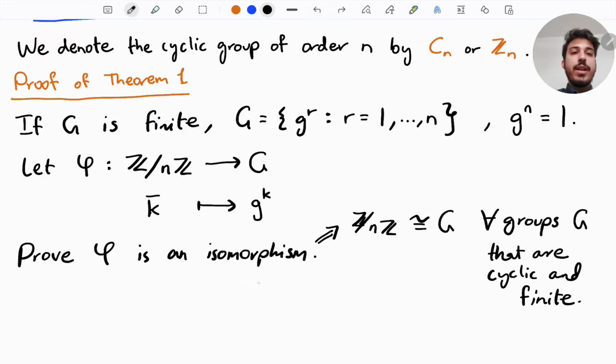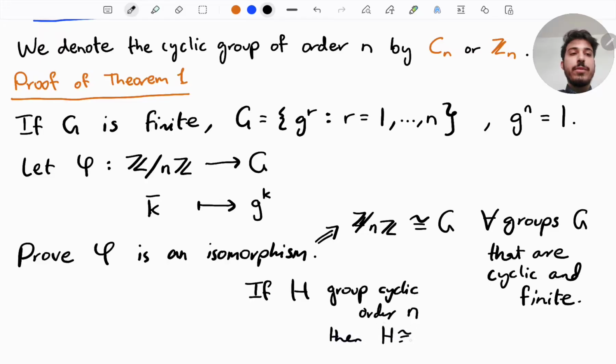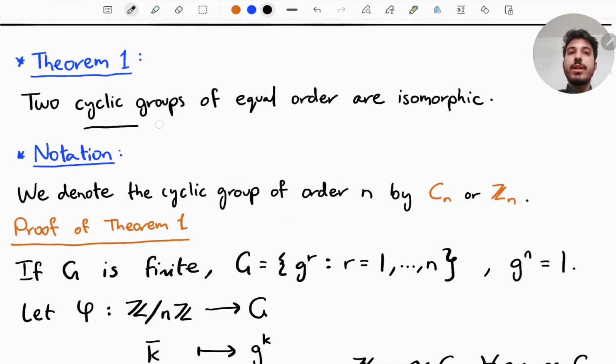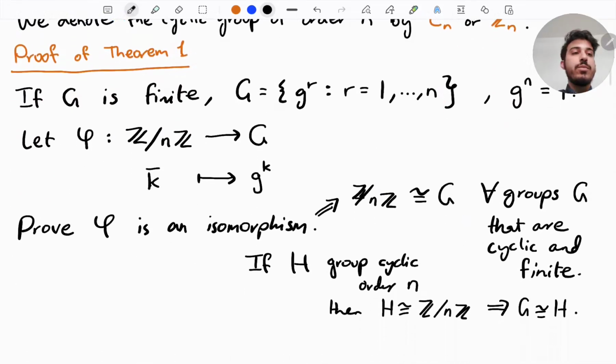So if H was another group that is cyclic of order n, then H would also be isomorphic to Z/nZ. But then since isomorphism is a transitive property, we can say that G is isomorphic to H. And therefore this would prove what we wanted to say here in the theorem, that two cyclic groups of equal order are isomorphic. So let us prove that phi is an isomorphism.